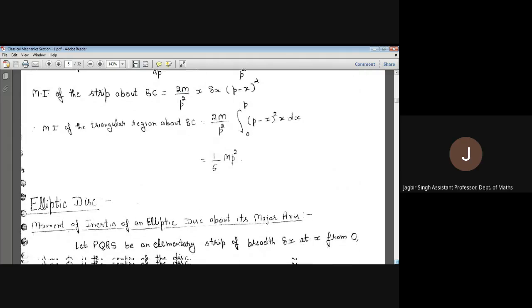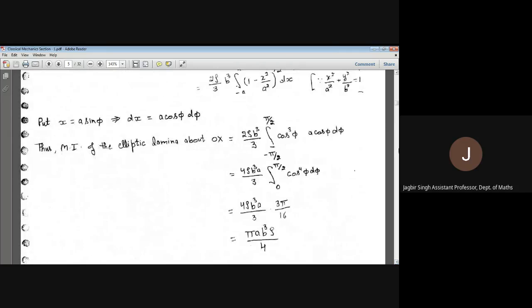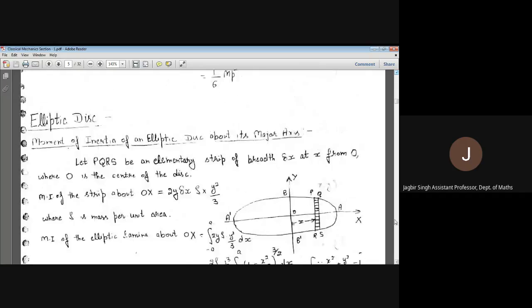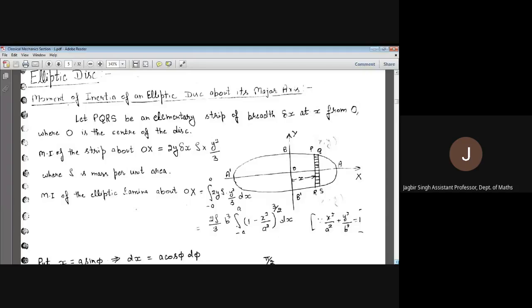After that, we have the example of the elliptic disc. We are considering an ellipse, and this time we have to find the moment of inertia of this disc, again about OX, or we can say A prime A. So we have cut the strip into lines like PQRS.